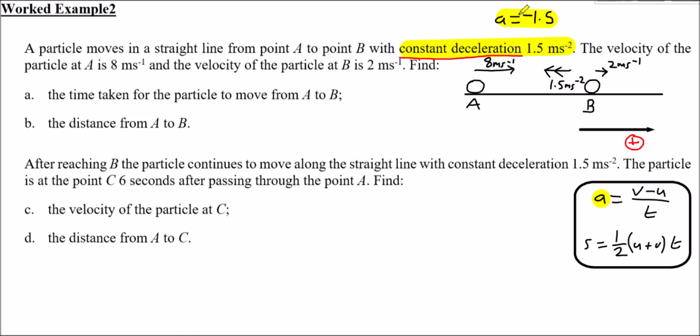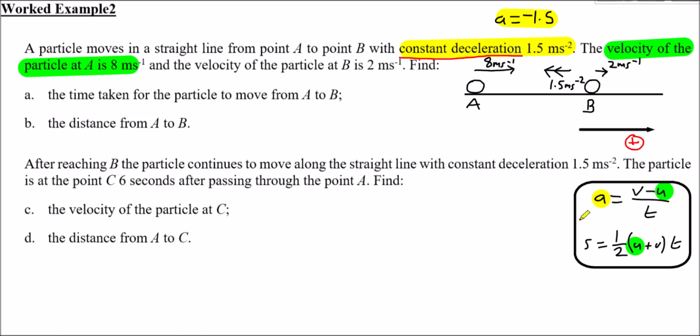Now we need to work out the other bits of what we're told. The starting velocity at A is 8. Whoops, that's u, my mistake. Starting velocity is u, initial velocity.